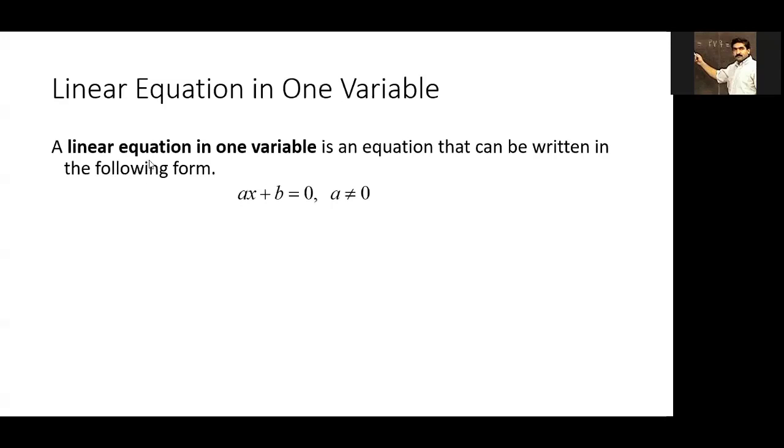So a linear equation in one variable is an equation that can be written in this form: ax plus b is equal to 0, where a is not equal to 0. Because if a is equal to 0, then we're not going to have any x here.